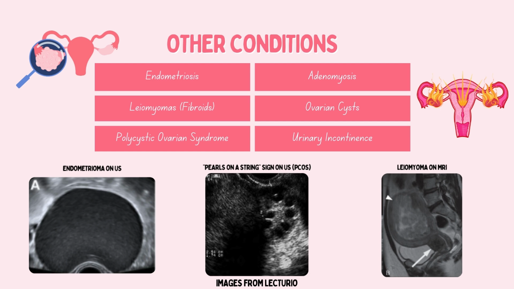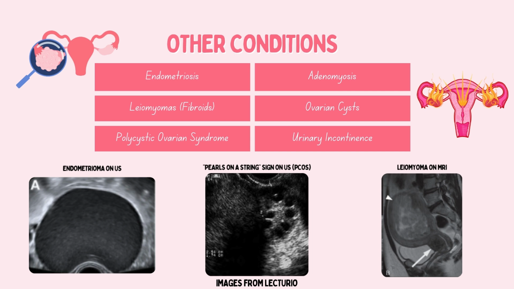Physical exam is normal, or there may be a palpable, discrete, firm, non-tender, and asymmetric or irregular contour mobile mass or masses in the abdomen or pelvis on bimanual exam. This is different from adenomyosis because adenomyosis was symmetric.